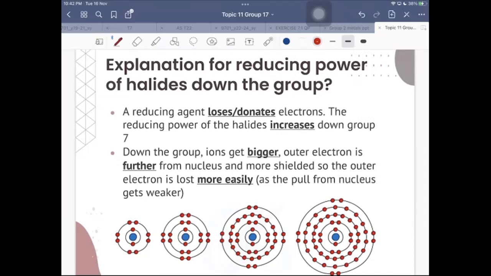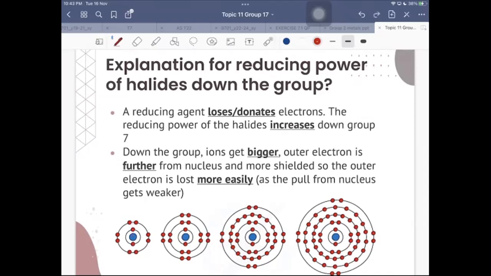When halides lose electrons, they always lose electrons from the outermost shell. And when you lose electrons, you don't just give them away like that. There is an attraction holding these electrons around an atom, and this attraction comes from the nucleus.